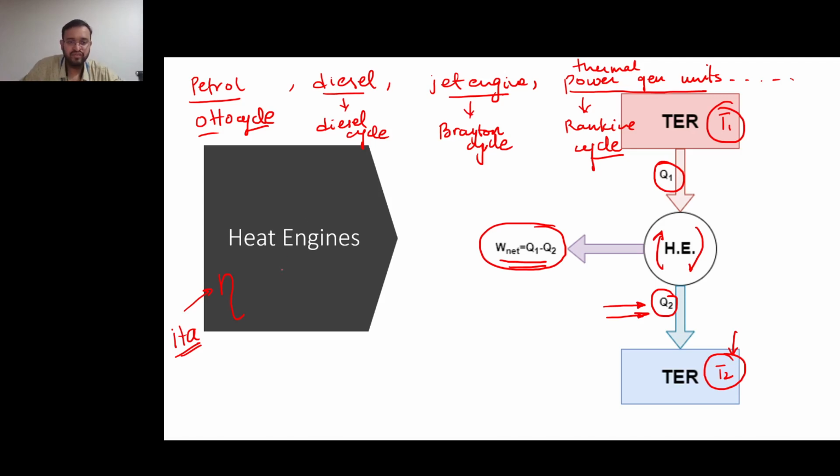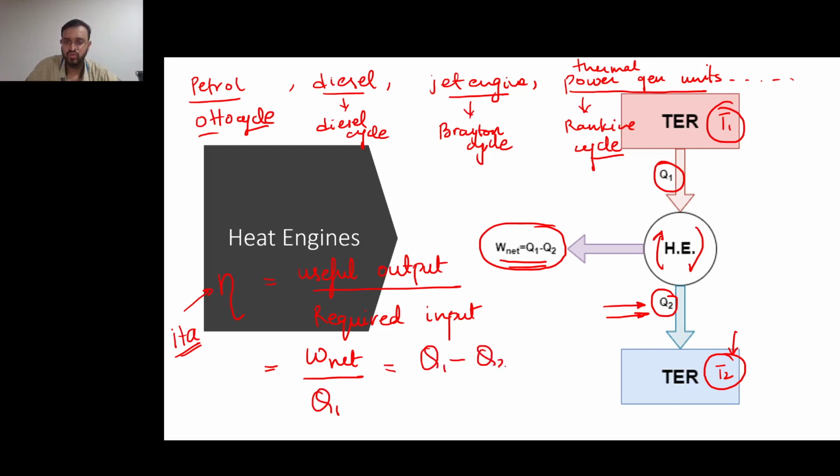Efficiency is defined as useful output divided by required input. In this case, your useful output is W net and required input is Q1. We can simplify this equation as Q1 minus Q2 divided by Q1, or 1 minus Q2 divided by Q1.